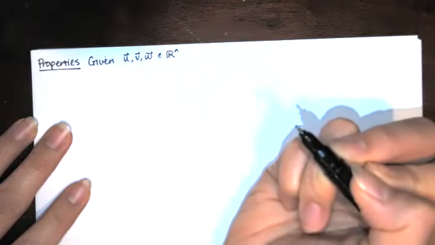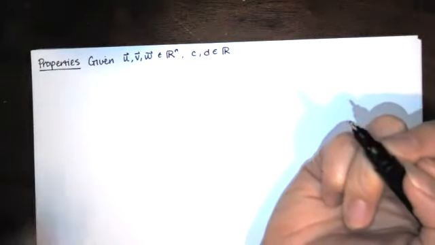Our textbook authors are associating vectors with points in n-dimensional space, so they're not distinguishing between points and the vectors that point from the origin to a particular location. With that in mind, they say for vectors u, v, and w in n-dimensional space and scalars c and d, and we're just going to stay in R, a real n-dimensional space, the following is true.